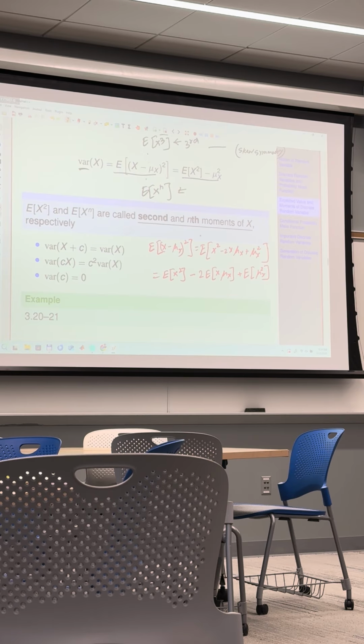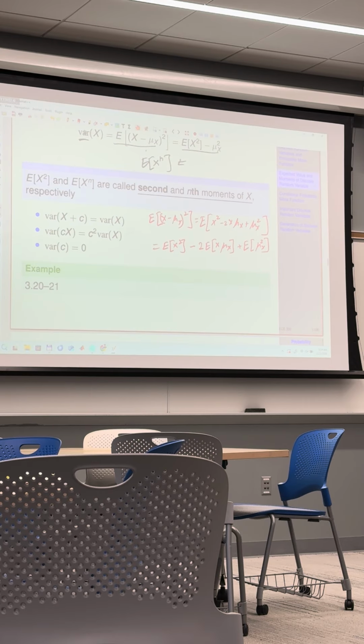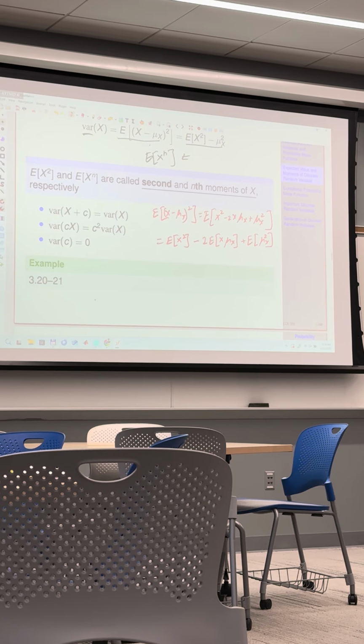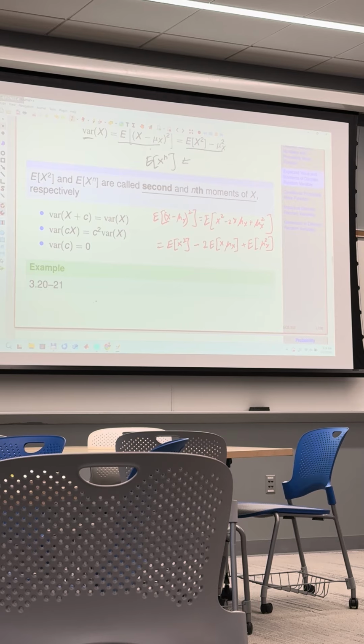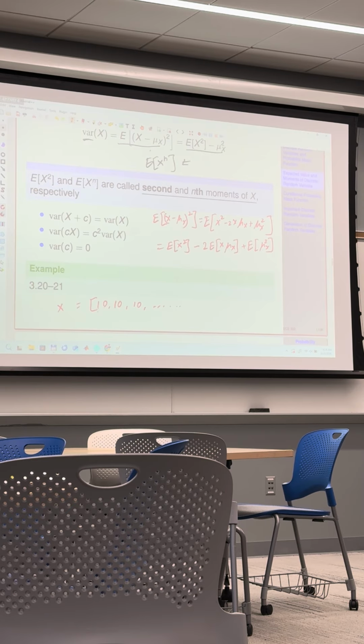Now, one conceptual idea. Okay, I have collected a bunch of data: 10, 10, 10, and so on. I took the measurements, and I see this random variable takes 10 every time.